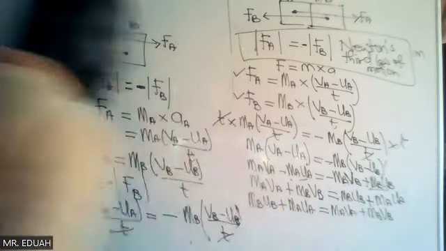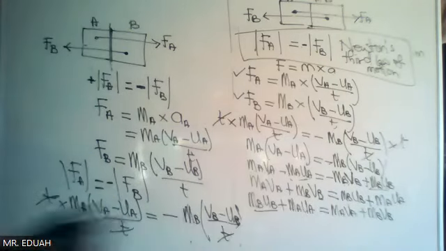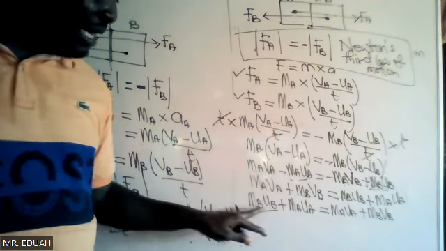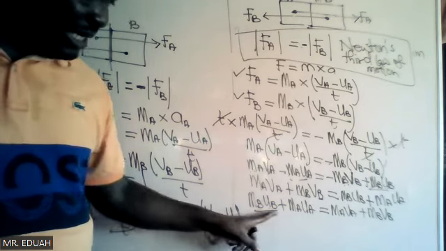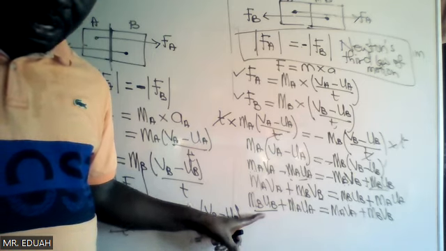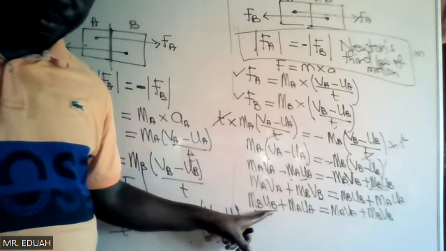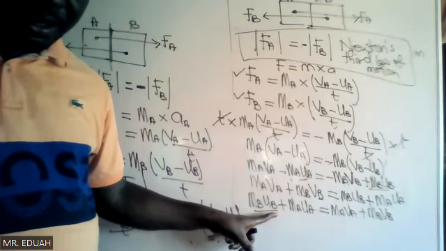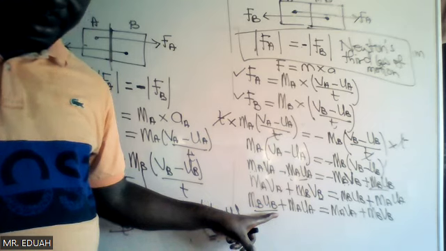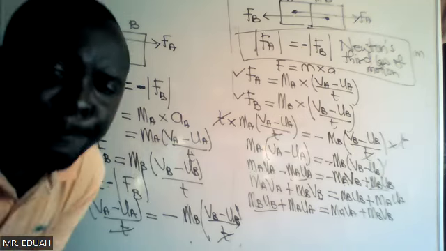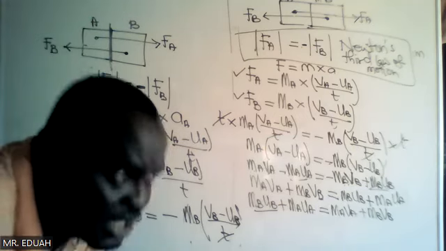Now, please, class, what is this? What is MB times UB? Anybody? You see, what is momentum? Momentum is mass times velocity.